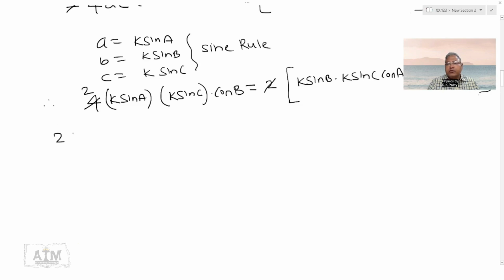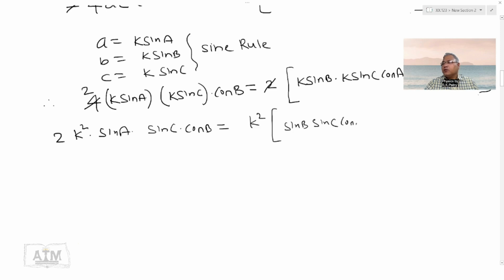So we get 2K square sine A sine C cos B equals K square sine B sine C cos A plus sine A sine B cos C. From RHS, we now take sine B common.